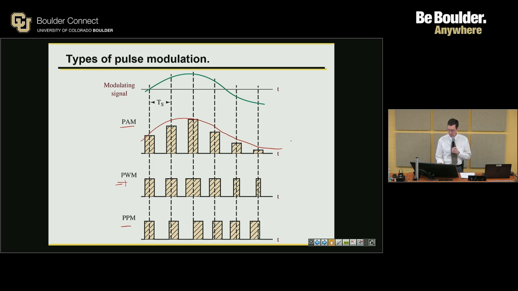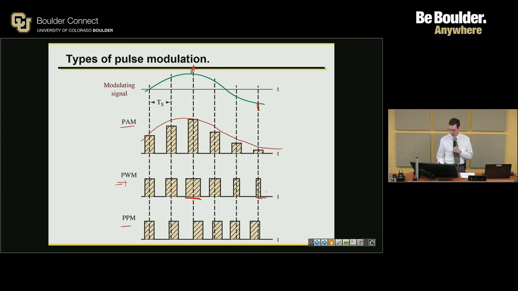For pulse width modulation, you'll see that at the high point, I'm wider, and at the low point, I am narrower. So that's what pulse width modulation is, just varying the width.